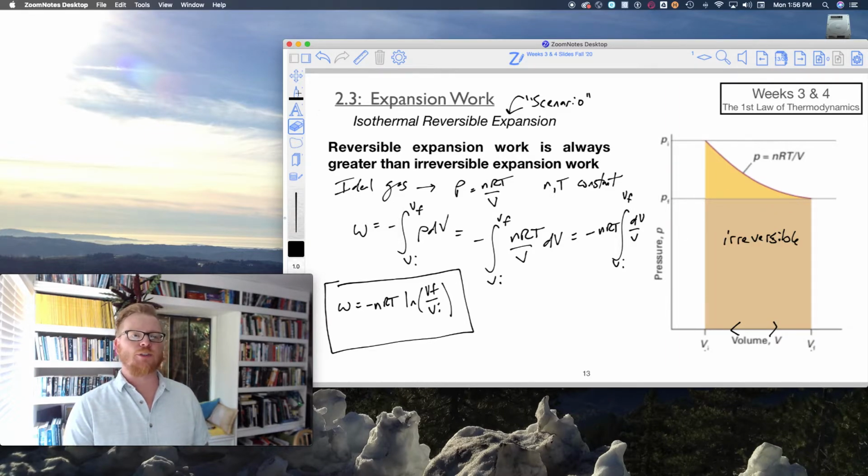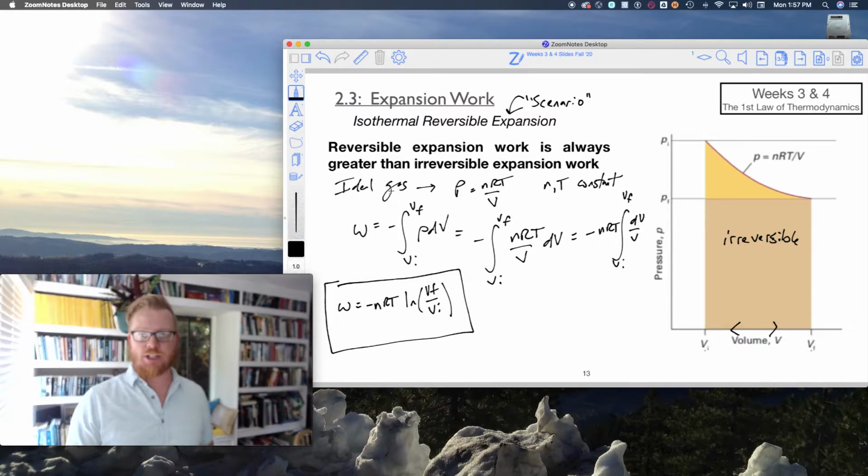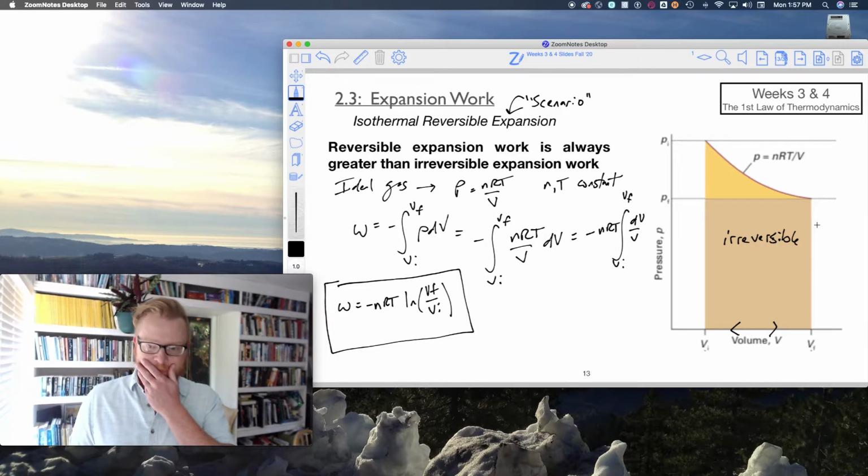Well, what about the reversible work, the reversible expansion? Here's the equation, PV equals nRT, right? P versus V, Boyle's law. It goes like this, okay?